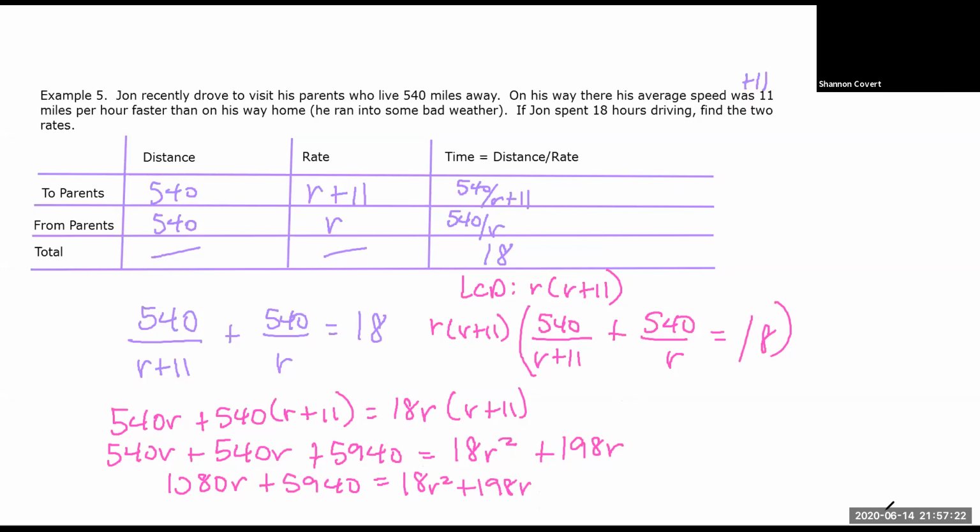I'm going to need to transfer this to another page. Ran out of room. I have 1,080R plus 5,940 equals 18R squared plus 198R.